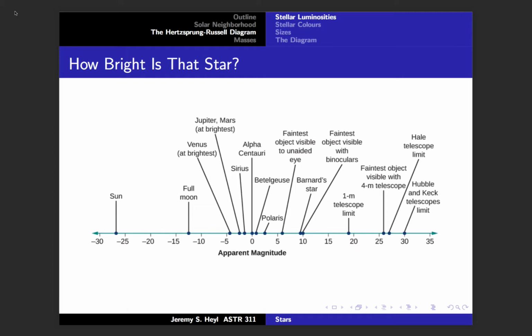And the reason I know it's 31.5 is because I gave you this chart, which we'll look at in a little bit, and it goes all the way down to 31.5. So this is data from my research group. If you ever want to know what the faintest objects ever detected are, well, it's on this sheet, okay?